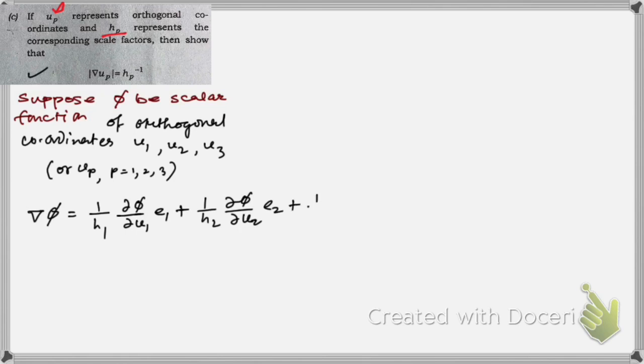So let me write here, just wait. So this is the grad phi, and here h1, h2, h3 and e1, e2, e3 are, let me write their meaning.